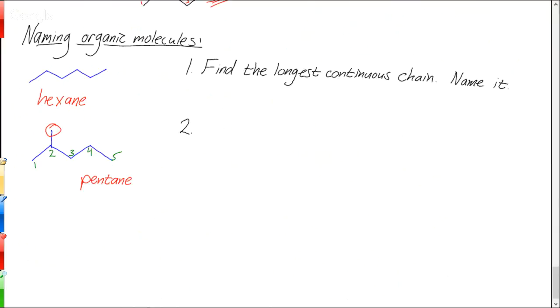But rule number 2 is we're going to find these things called substituents. Substituents are the things hanging off the chain.